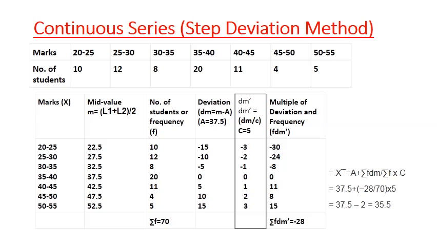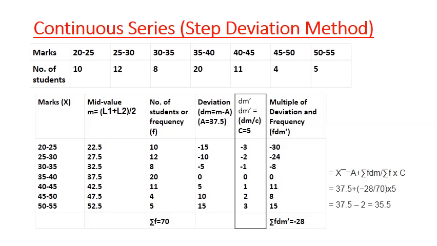So we can take 5 as a common. 15 divided by 5 will be minus 3. 10 divided by 5 will be minus 2. Minus 5 divided by 5 will be minus 1. 0 divided by 5 will be 0. 5 divided by 5 will be 1. 10 divided by 5 will be 2. 15 divided by 5 will be 3.